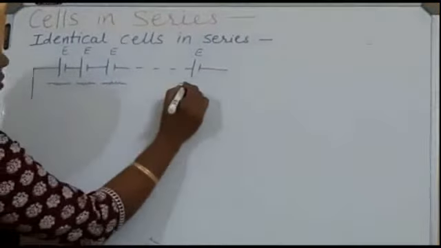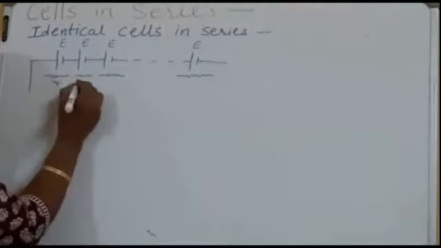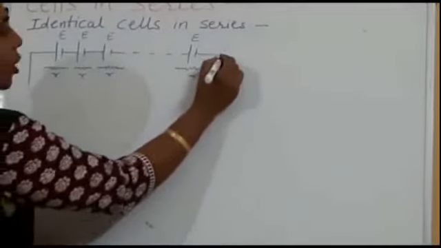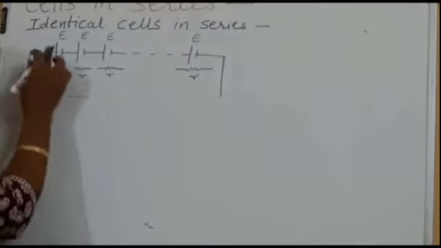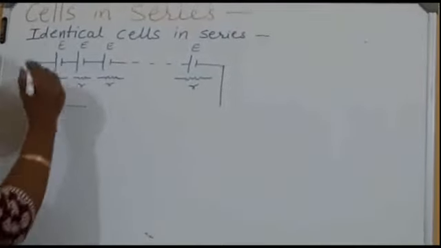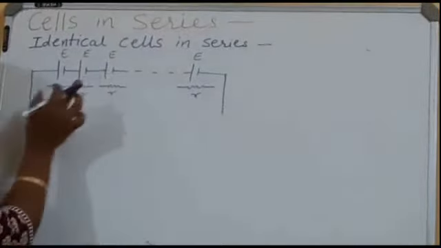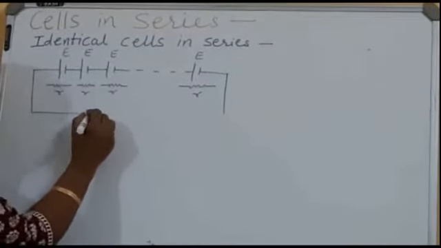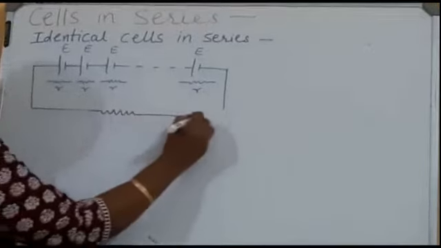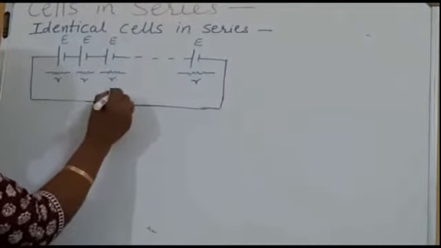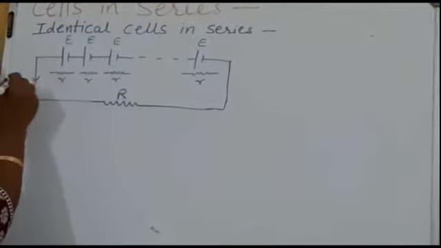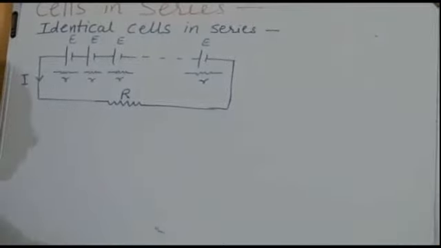This is another way to show the internal resistance. Every time you need not connect them in series, but you can show just below it. It is understood that all these cells as well as these resistors are connected in series with the external resistance R. So the current I will flow through this circuit.